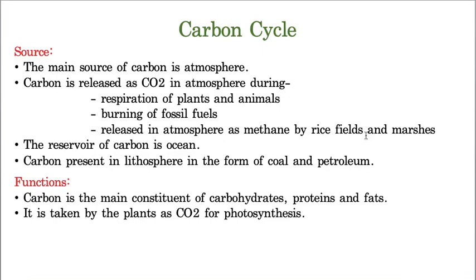Whereas the percentage of carbon dioxide in the atmosphere is 0.03 percent. By listening to this, most of you must be confused. I am telling you through this many sources carbon dioxide enters the atmosphere, but the percentage of carbon dioxide is 0.03. How? Somewhere the link is missing.